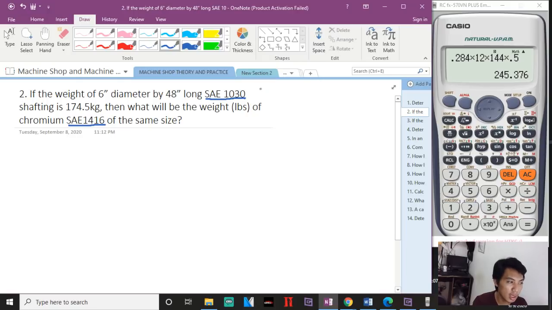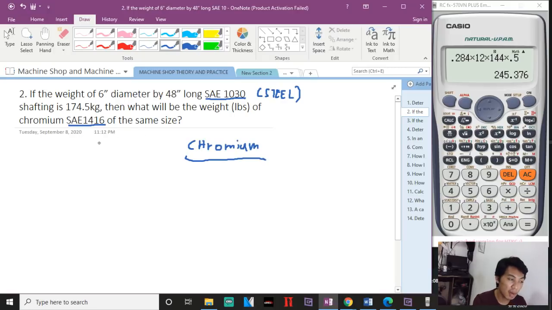So this is steel. And this one is chromium. Meron kang weight, mahanap natin si... of same size. So, binigyan ka ng dalawang material. Hindi mo alam yung density ng isa. What will be the weight?